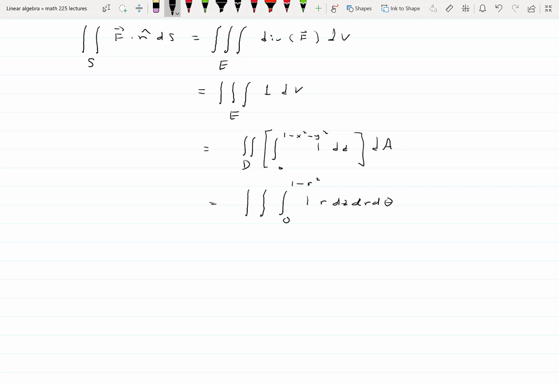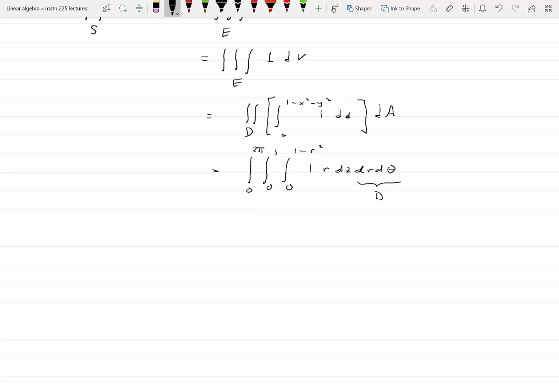Now dr and d theta have to do with the disk x squared plus y squared less than or equal to 1. So r goes from 0 to 1, theta goes from 0 to 2 pi to get all the way around. And this integral is extremely simple. So this is the integral from 0 to 2 pi, integral 0 to 1.